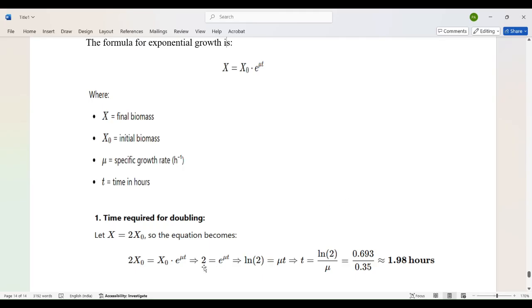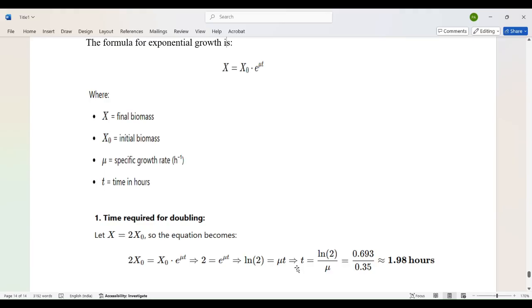So I am applying natural logarithm on both sides. On the left hand side, ln2 equals ln e to the base e, where the power comes into the multiplication. So ln e to the base e will be equal to 1 and the rest is mu into t. So my final equation becomes ln2 equals mu t.